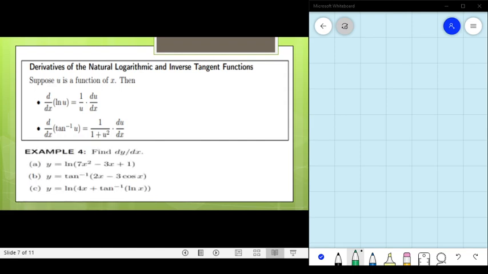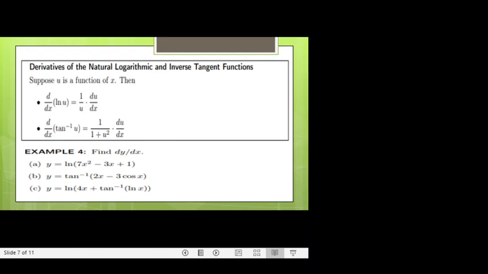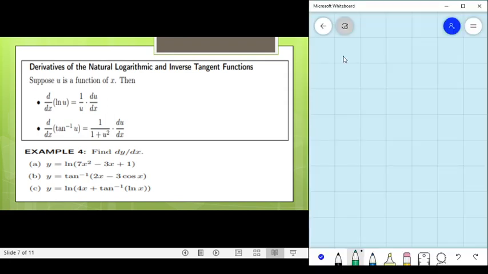So example number 4, we have to find dy over dx of y equals ln of the quantity 7x squared minus 3x plus 1.